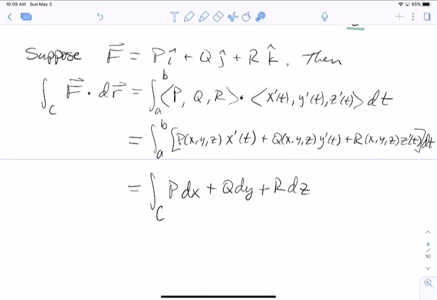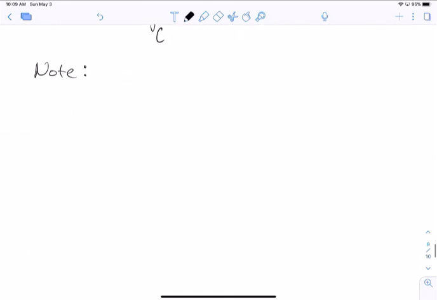And so we can see that the line integrals with respect to x, y, and z actually sum up to become f dot dr. And now for a quick note. The line integral over negative C of f of x, y, dx is equal to the negative of the line integral over C of f of x, y, dx.